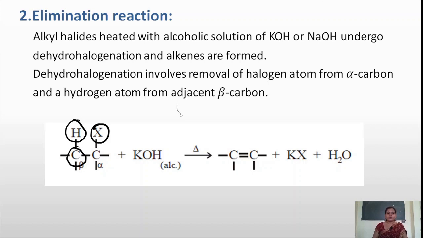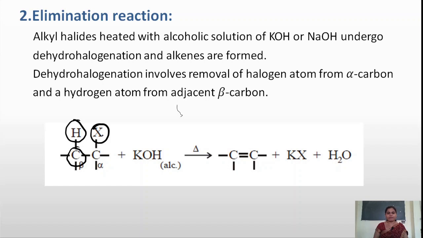And when we react any alkyl halide with alcoholic KOH, that is with a strong base, there is a removal of halogen atom from the alpha carbon and hydrogen atom from the beta carbon.